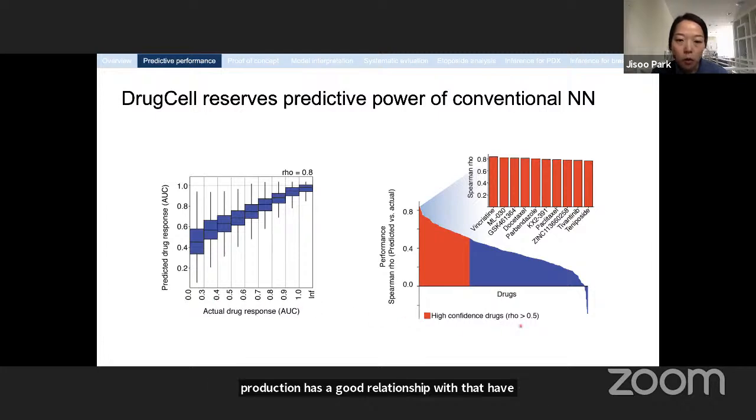The second waterfall plot shows the list of drugs sorted by per-drug performance. The red area is the drugs with a Spearman rho bigger than 0.5, which are used for most downstream analysis moving forward. And the inset shows the top 10 drugs with the highest prediction performance, and those cover drugs in different target classes.